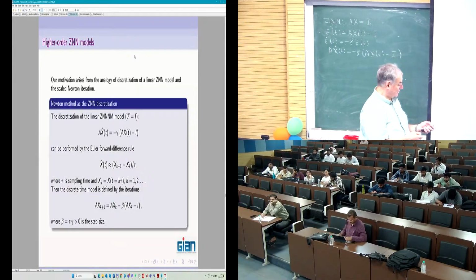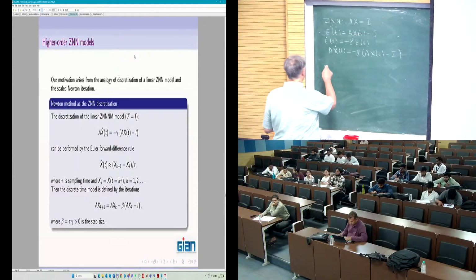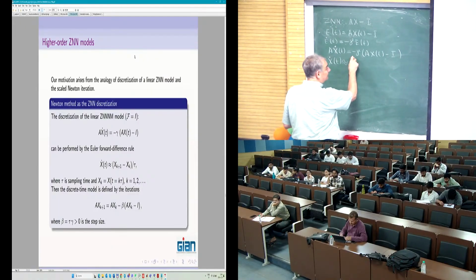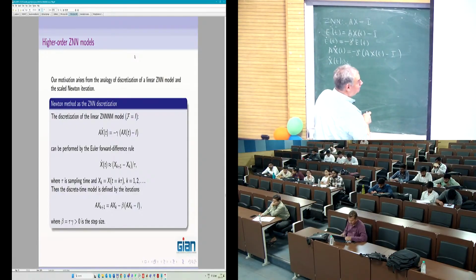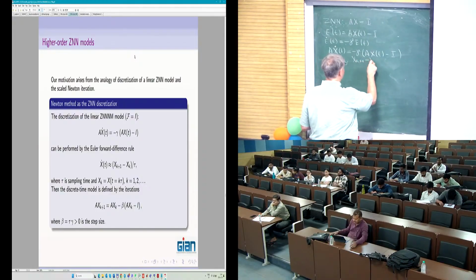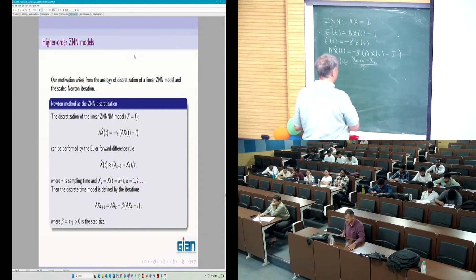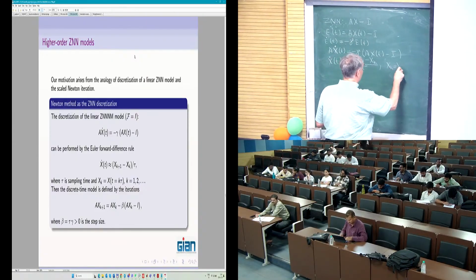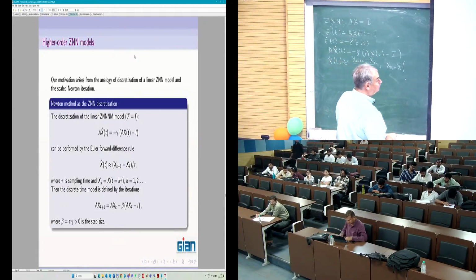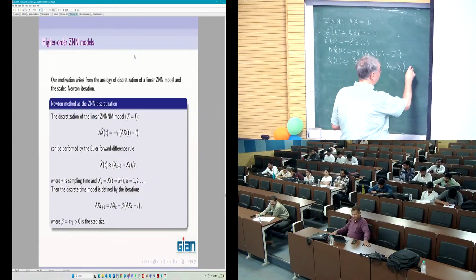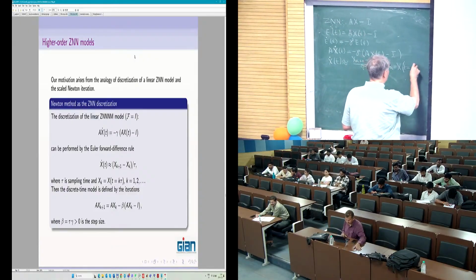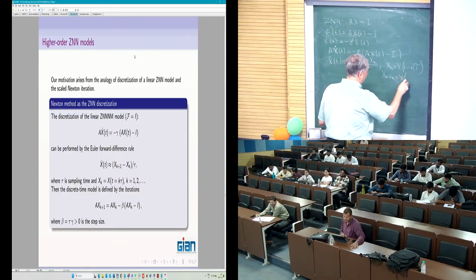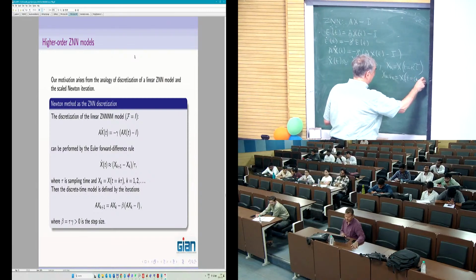We use the forward difference rule and discretize x dot of t as xk plus 1 minus xk divided by tau, where xk is defined as the value of x in time t equal to k tau, and xk plus 1 will be the value of x in time k plus 1 tau.